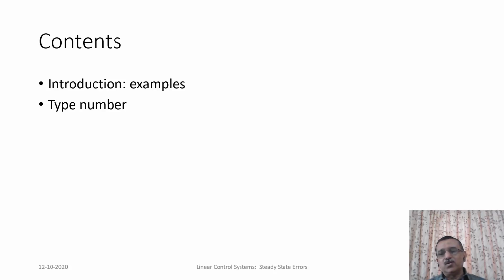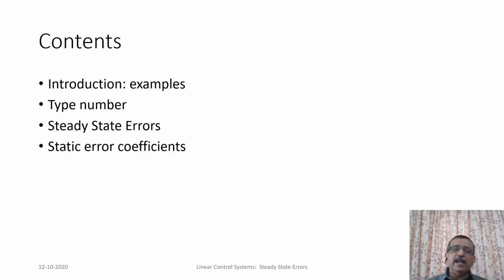Even though it is easy, I will go slow because I want all of you to be comfortable with this topic. Type number is very important for this, and I will say about that. Then we'll come to the crux of this lecture, steady state errors, some equations, and something called static error coefficients.